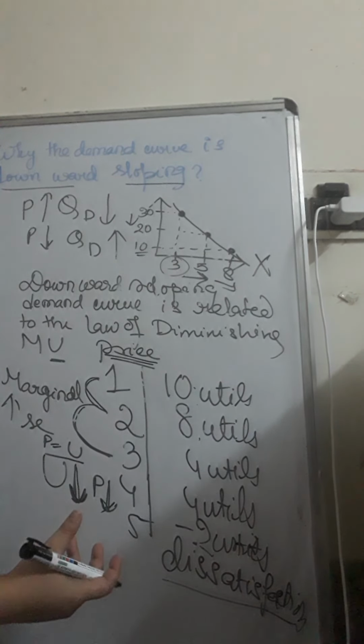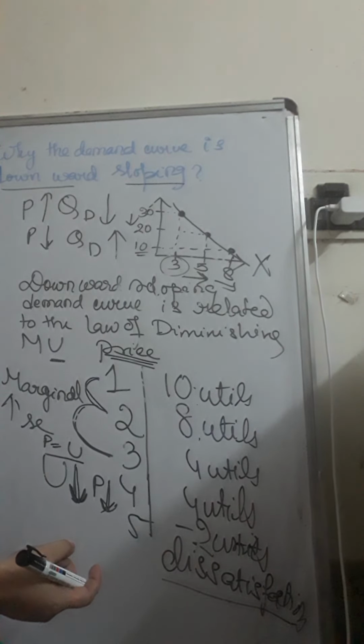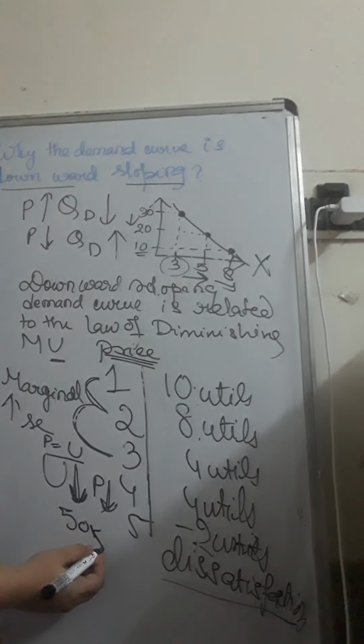Similarly, take this iPhone. Why would I end up buying 4 iPhones? I will never buy them. Only for the first unit, when I don't have one, I am ready to pay 50k to acquire the iPhone. When I buy the second unit, my satisfaction is already falling because I have already used the same product. I will only be ready to buy if the price turns out low, 35,000.